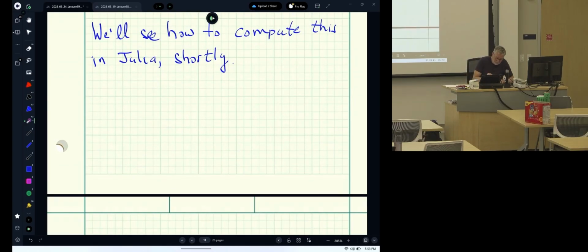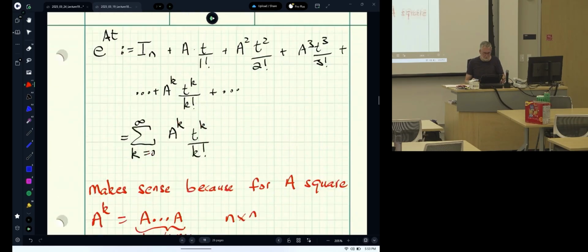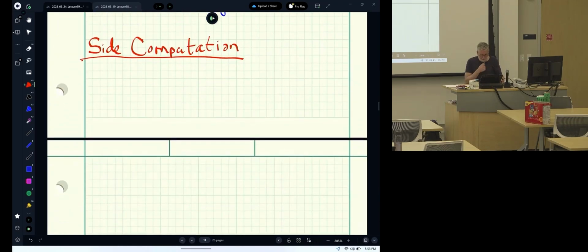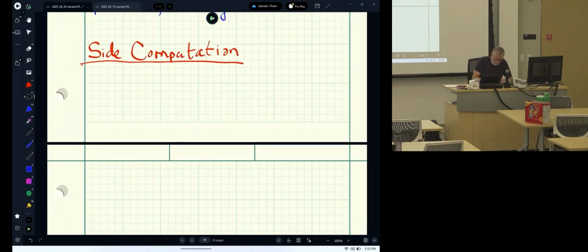Now, I want to do a side computation. So before we even evaluate this series, I'm going to do something that's even more mind-blowing than writing down what this series is, okay?